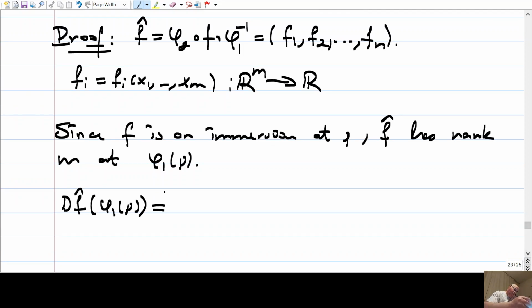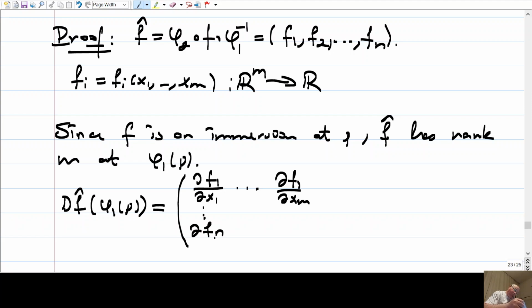Now the Jacobian of this is just the following matrix: del f1 del x1, up to del f1 del xm, and then I have the same thing for f2, up to fn, so del fn del xm.